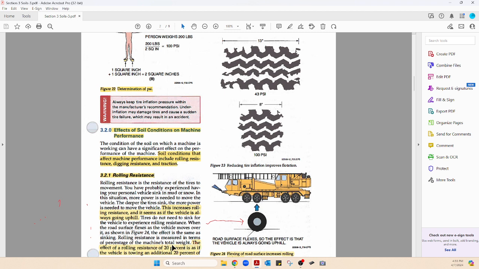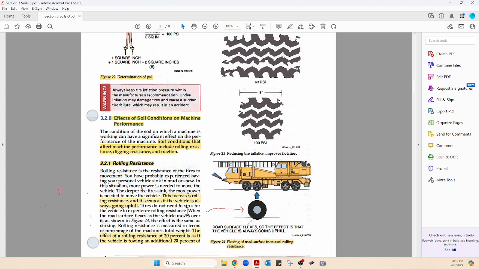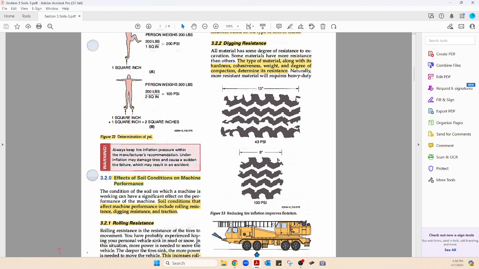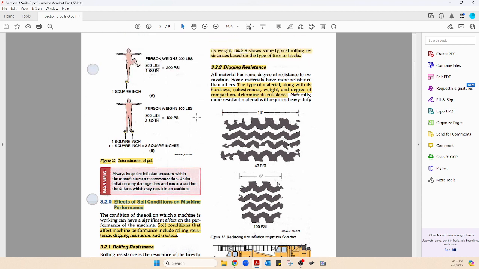Rolling resistance is measured in terms of percentage of the machine's total weight. The effect of a rolling resistance of 20% is as if the vehicle is towing an additional 20% of its weight.